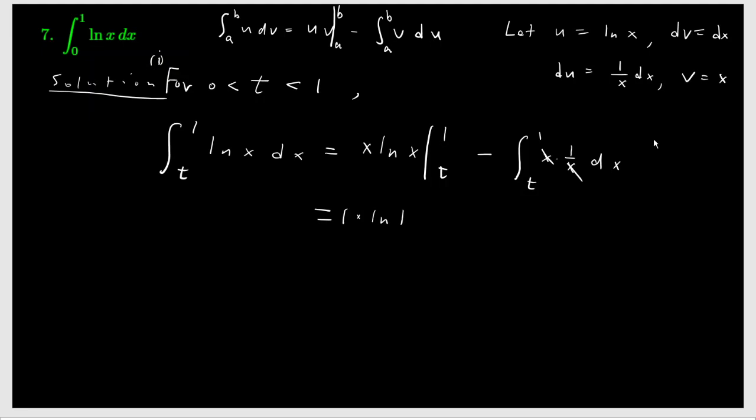The whole term is 0. And then you plug t in. You plug t into that function. You have t times natural log of t, so there's nothing you can do about that. Temporarily you leave this one like that. And then for the second part, the antiderivative of 1 is equal to x.